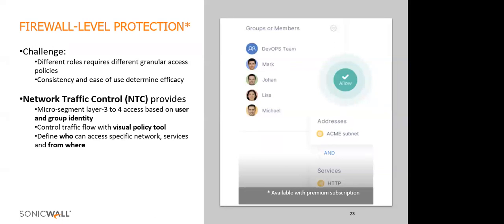Because of firewall level protection, we are facing these challenges: different roles require different granular access policies, so consistency and ease of use determine efficiency. That's why network traffic control comes out, because it can provide you micro segmentation at layer 3 to layer 4 access based on the user and group identity. And then you can control the traffic flow with virtual policy tools.